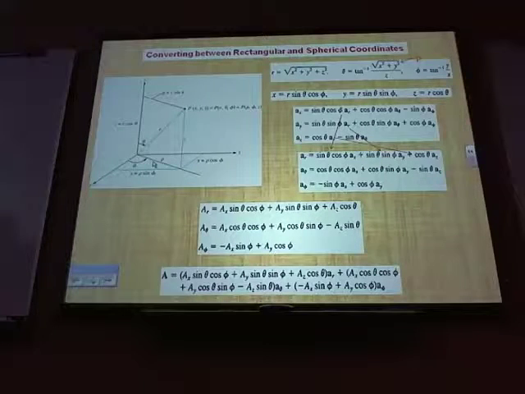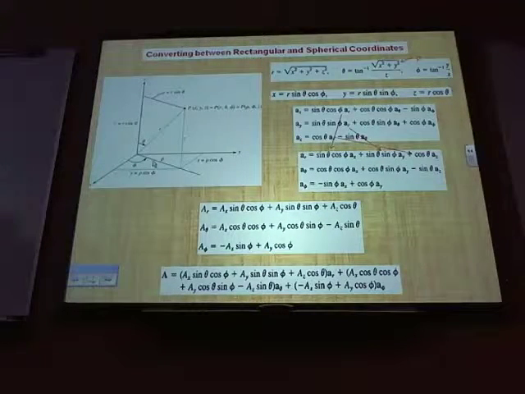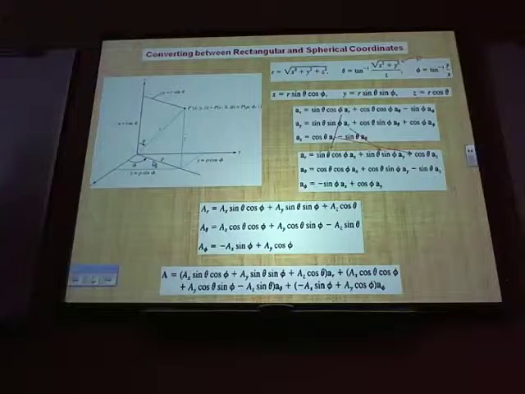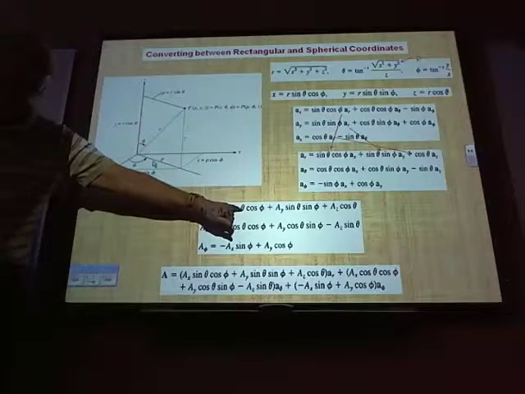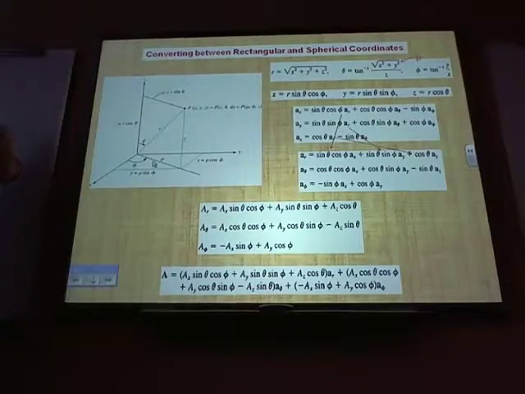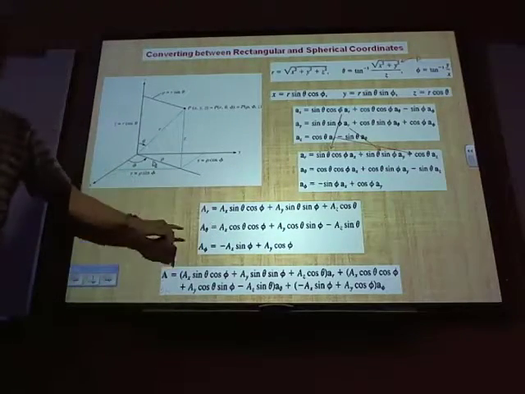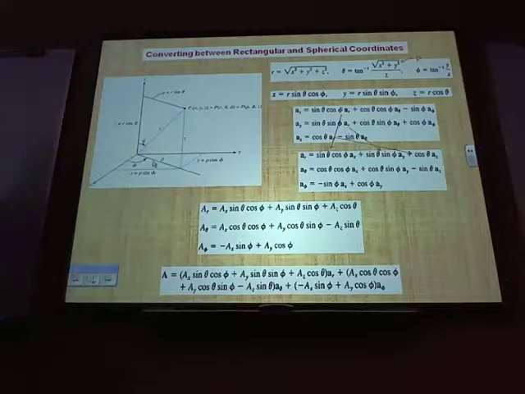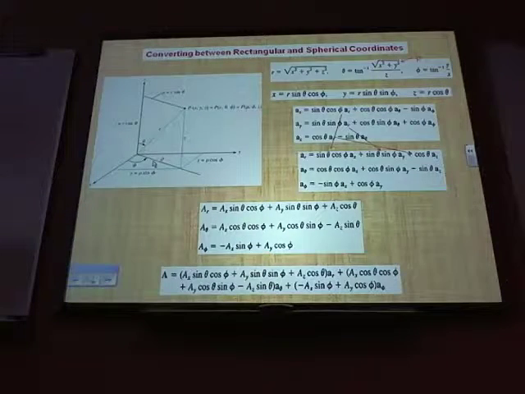It's an r, theta, and phi, right? And you want to convert your A vector at that point to spherical coordinates. So to do it, you use the angle theta and the angle phi at the point you're interested in, okay? Substitute them in here and multiply them out. That's all you do. That's what this physically means.